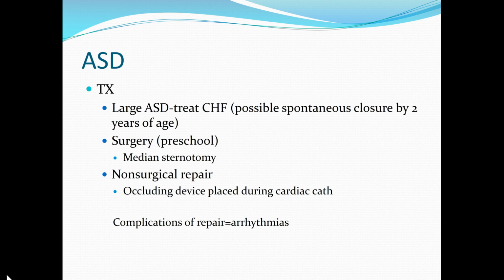So they're going to have a median sternotomy, or they may do a non-surgical repair, probably again depending on the size, which would put an occluding device placed during cardiac cath. Complications of doing the repair is arrhythmias, and these infants and toddlers may be at risk for stroke long term as well.